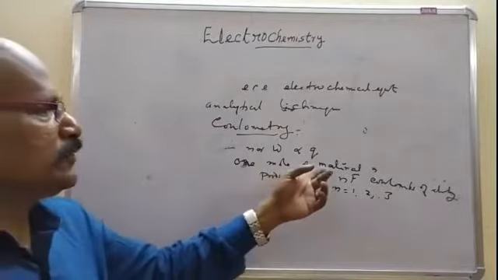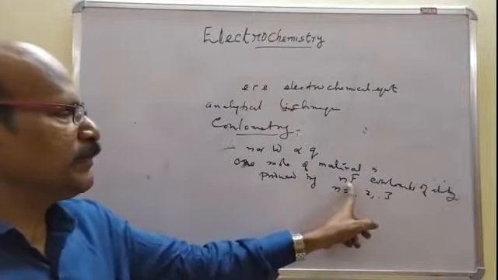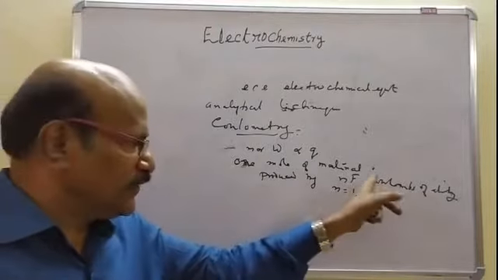So 1 mole of the material is produced by the passage of nF coulombs of electricity, where F is the Faraday.